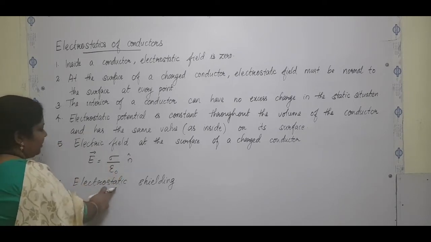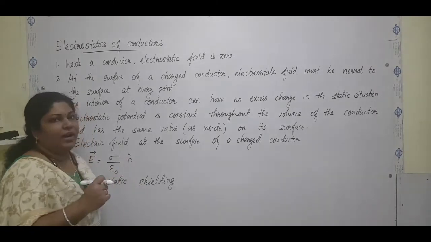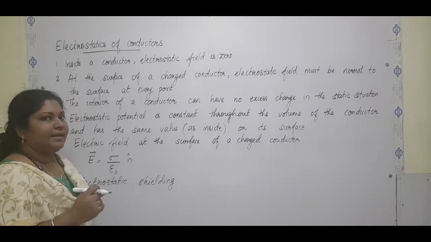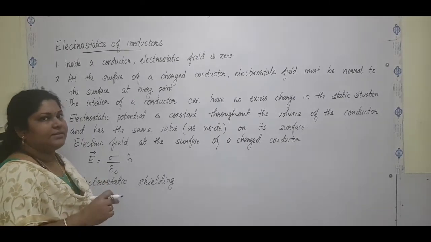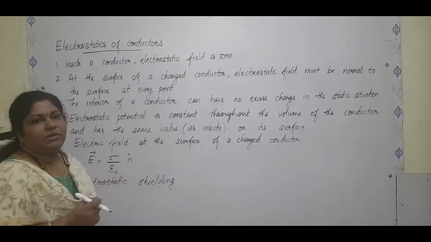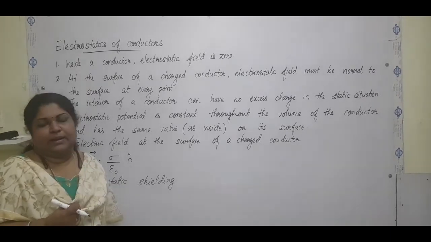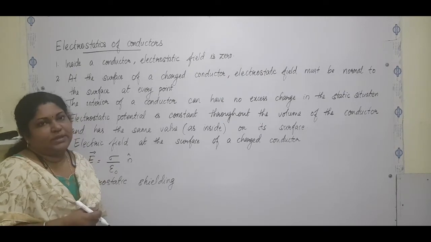And the last topic is electrostatic shielding. When we talked about the spherical shell, inside the spherical shell the electric field is zero. We have discussed that. Then I explained about sitting inside a car. When there is thunder or lightning, it is safe to sit inside a car.